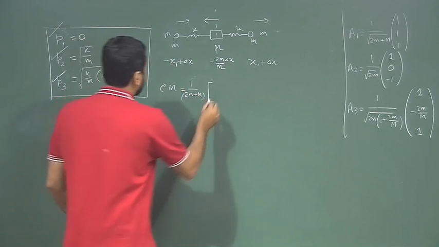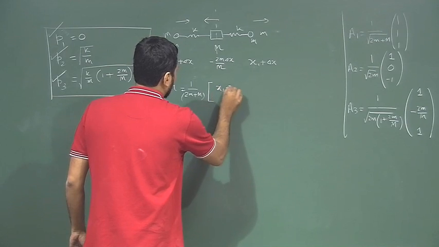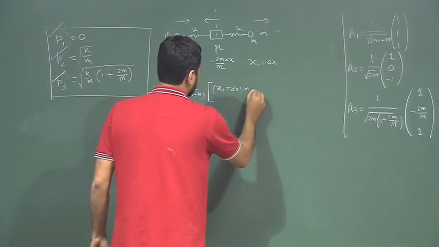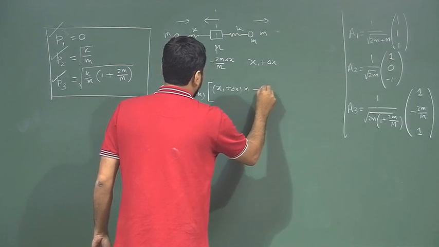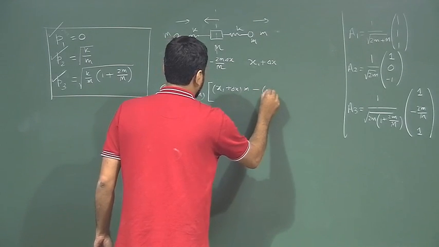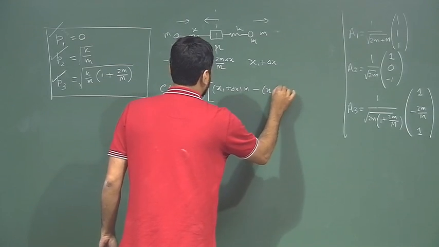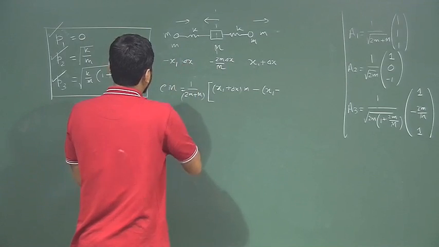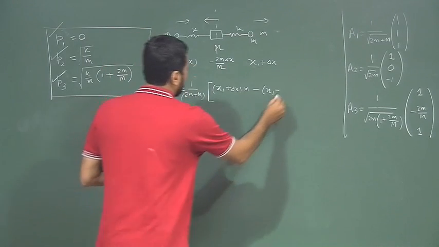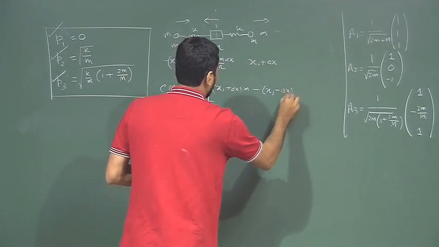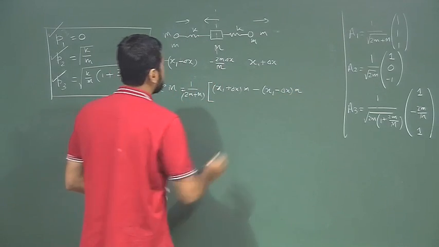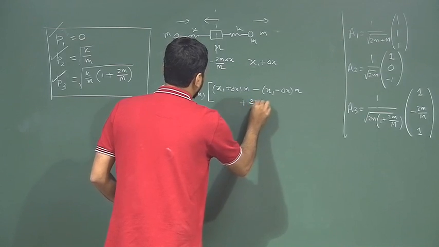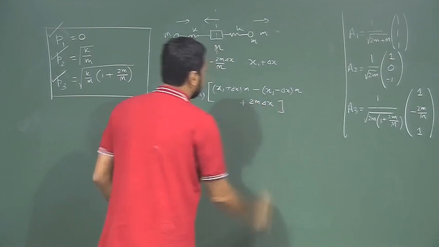Now, this one is x1 plus delta x m, minus x1 plus, minus delta x m, plus 2m delta x.